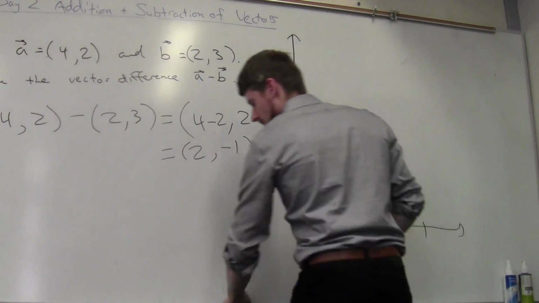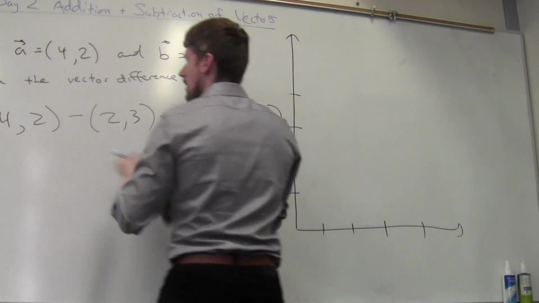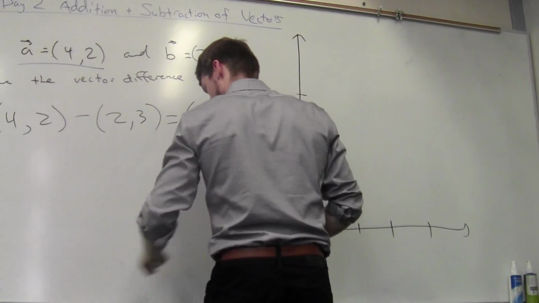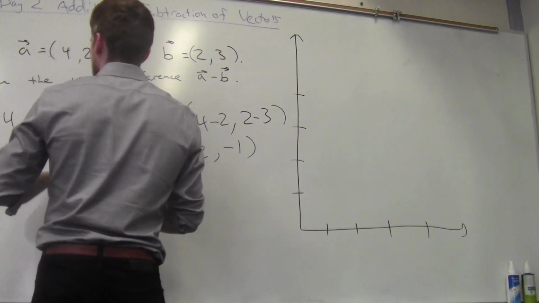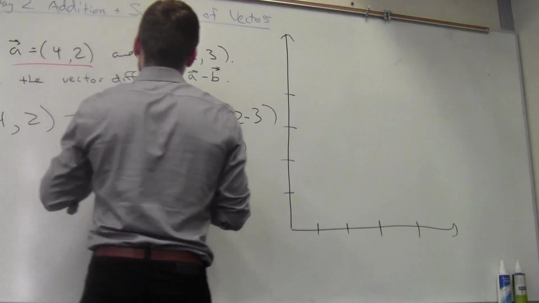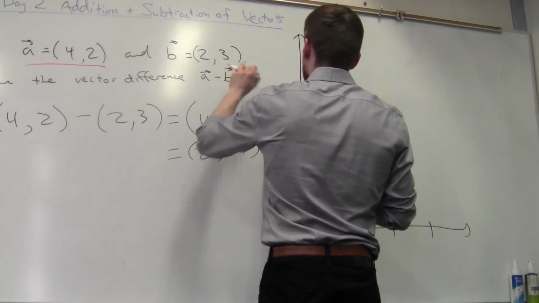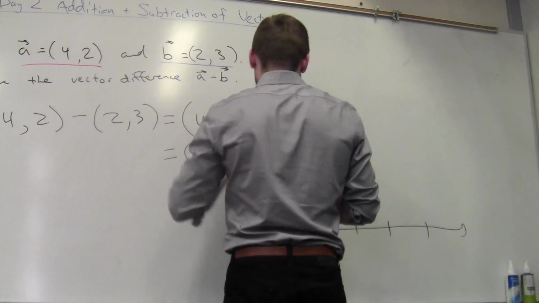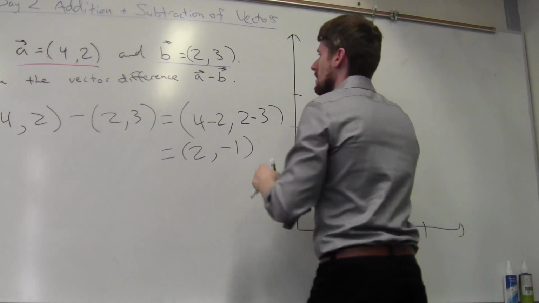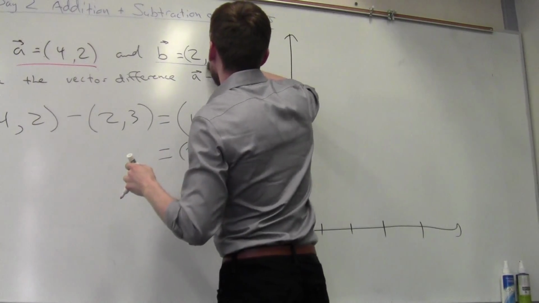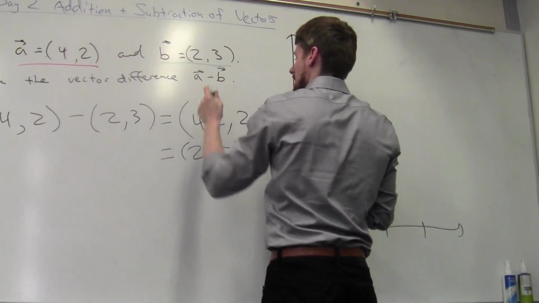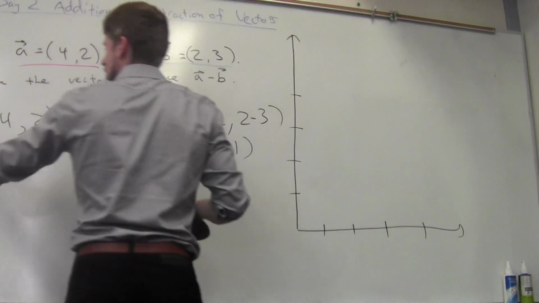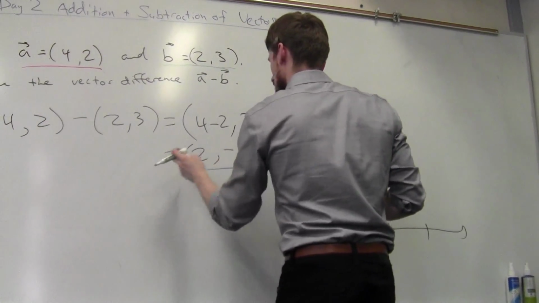That's pretty good. So I'll draw vector A in red, and this one in green. And I'll draw the difference, A minus B, in blue.